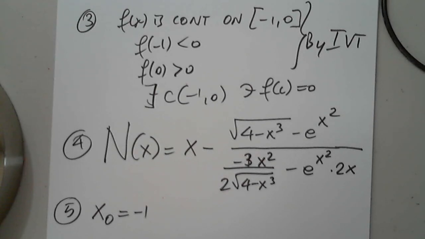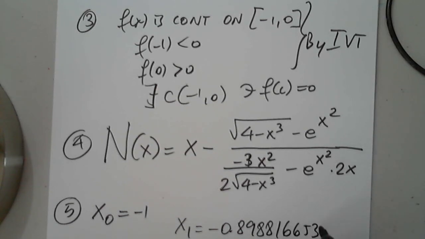We go to variables. We want the y variable. We click on the function. We want function y1. We want to plug in -1. And this is our x1 right now. This is it, x1. First iteration, -0.89881666537. And now this is just one time.